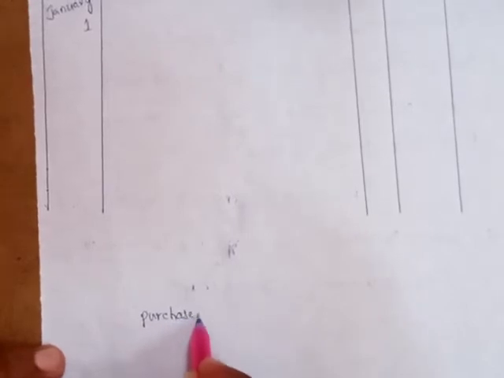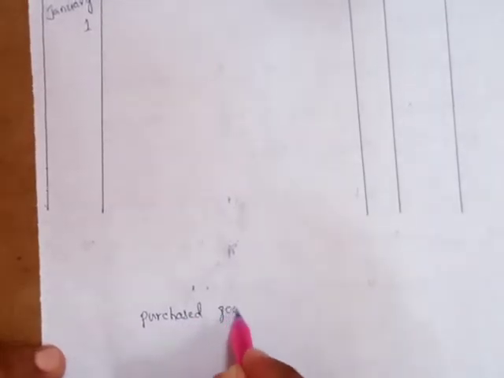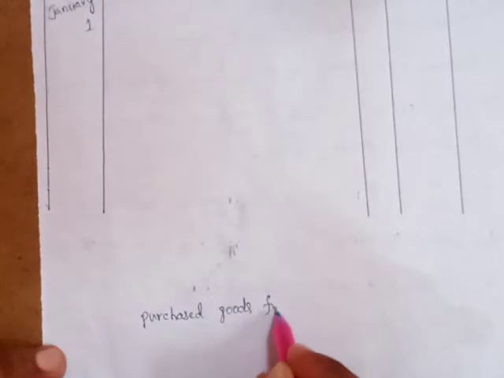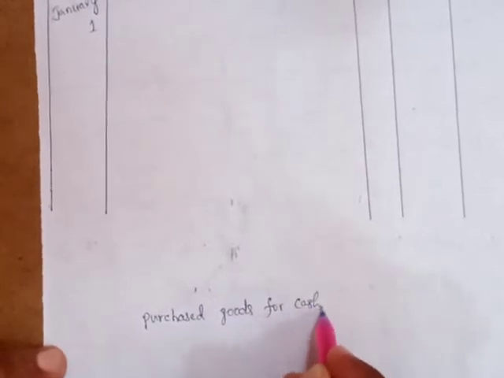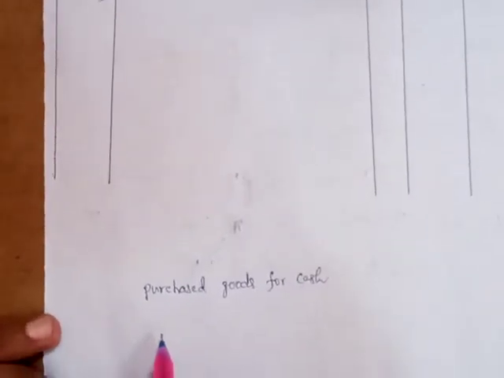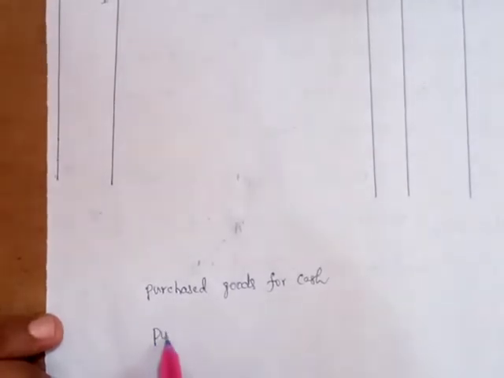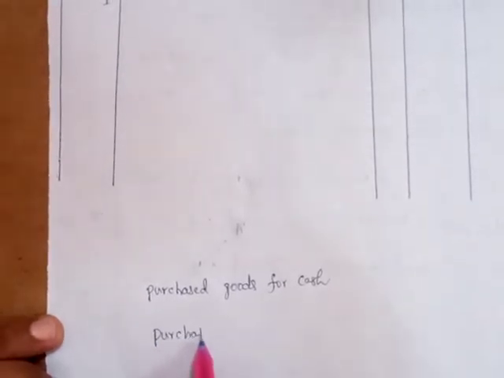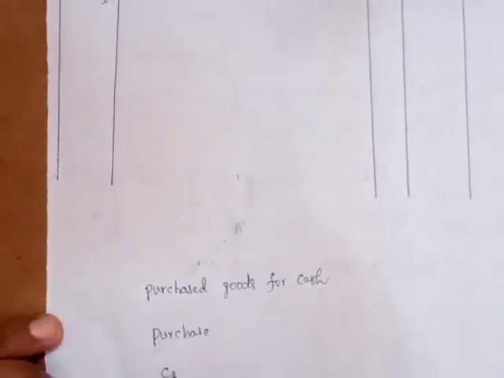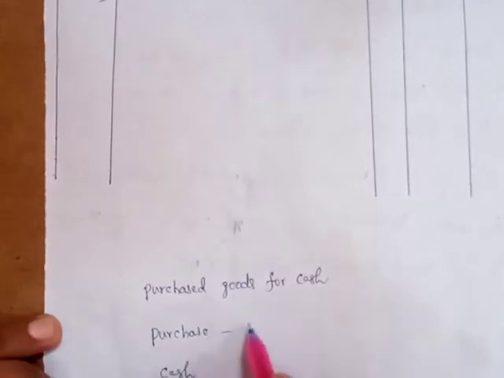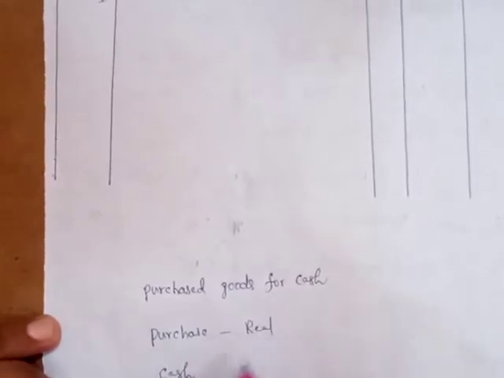For example, one transaction is there: purchased goods for cash. So in this transaction, two aspects are there: purchase account and cash account. So purchase is a real account. Why?